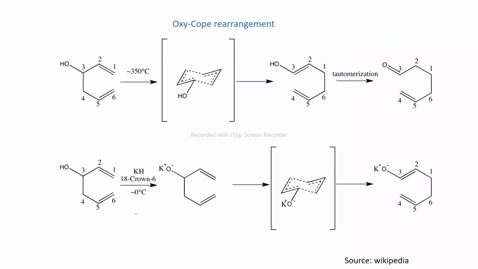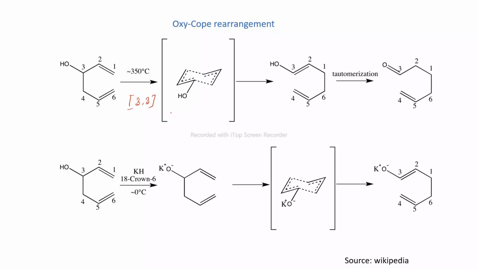The reaction is basically a name reaction, the oxy-Cope rearrangement, in which there will be one OH group, at high temperature. So what will happen at high temperature? There will be a possibility of 3,3 sigmatropic rearrangement.